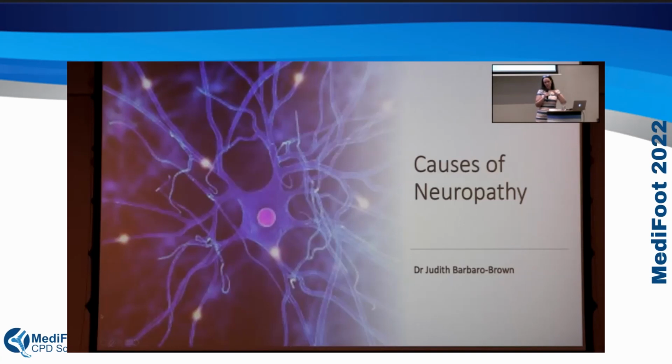I'll choose something from each of the main causative factor groups. So we're going to cover a lot, not in a huge amount of depth, but making sure we cover the main things.